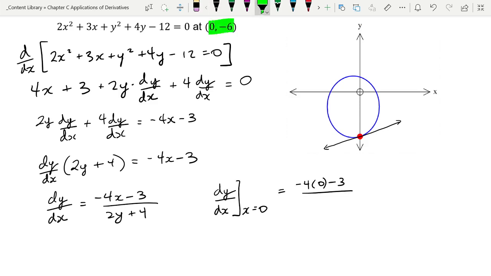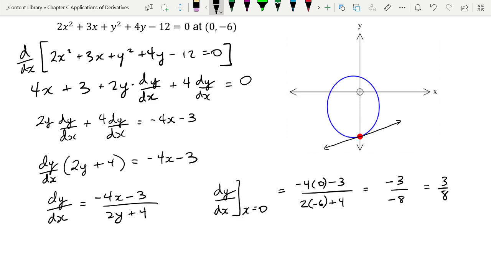Should have highlighted both coordinates of the point there. So 2 times y becomes 2 times negative 6. And I end up with negative 3 over negative 12 plus 4, which is negative 8. Which simplifies to 3/8. So this thing here represents the slope everywhere around the curve, but at this one point, the slope happens to be positive 3/8.